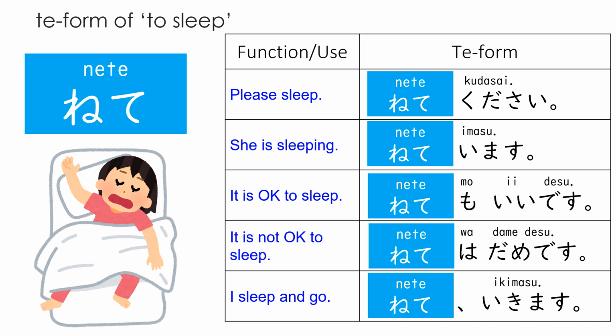It is not okay to sleep. 寝てはダメです. I sleep and go. 寝て行きます. From the top. 寝てください。寝ています。寝てもいいです。寝てはダメです。寝て行きます。Okay?